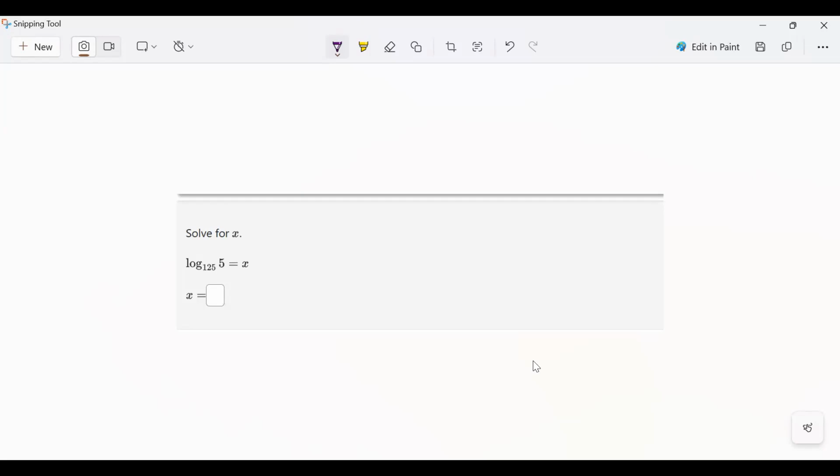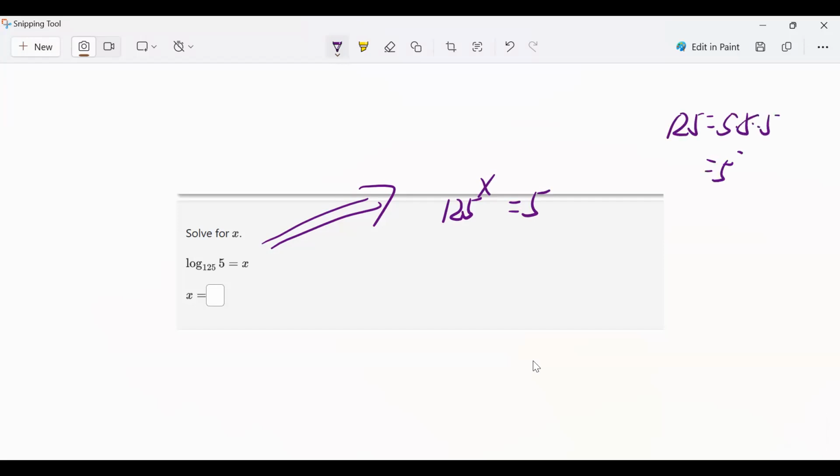Okay, now let's go over solutions here. We convert back into the exponents: 125 to the x equals 5. This 125 is 5 times 5 times 5, which is 5 cubed.